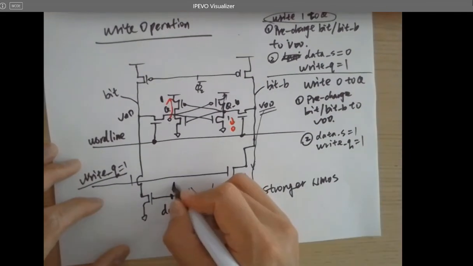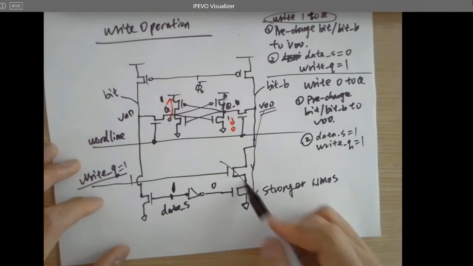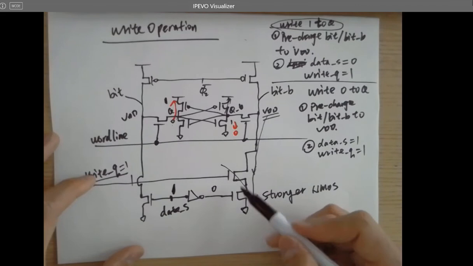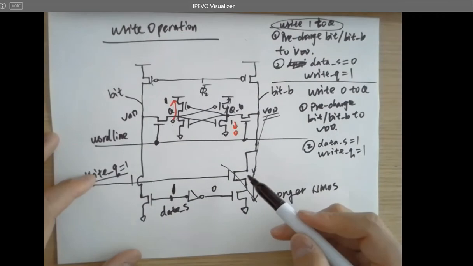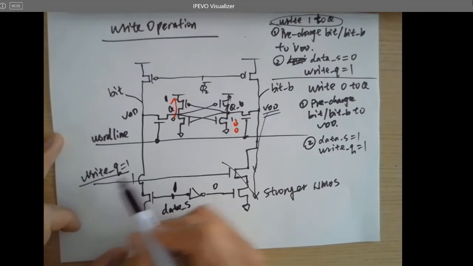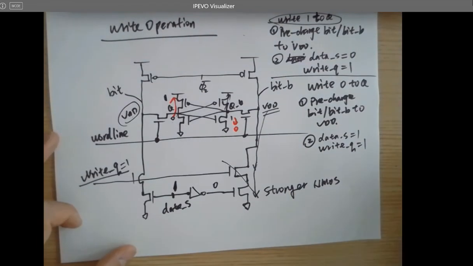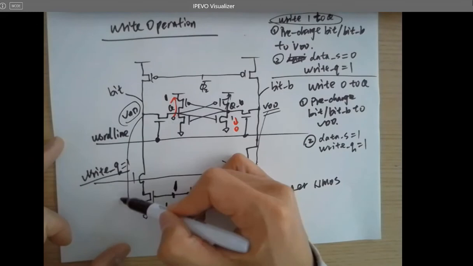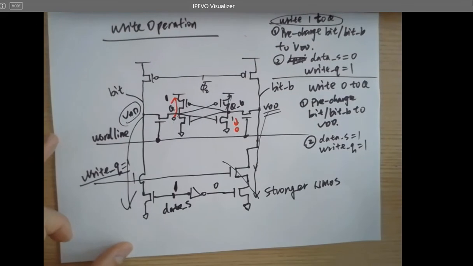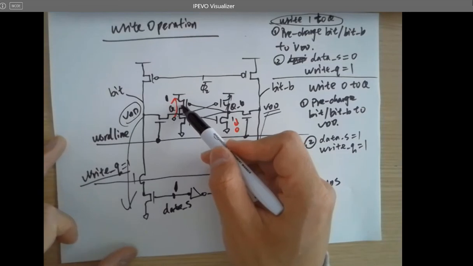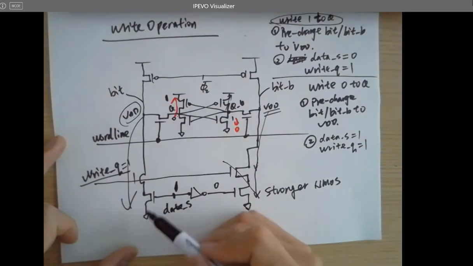So if this is 1, this is 0, so nothing is going to happen here, because this is almost shut off. It's in series. So this will be on. This will be on. So the previously stored VDD will be discharged. It used to be 1. It's being pulled up by this PMOS. And now you have NMOS trying to pull it down to the ground.